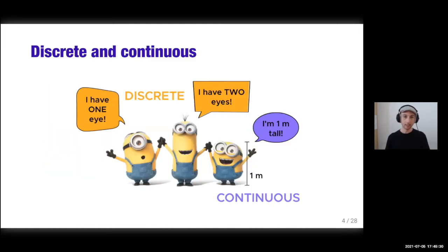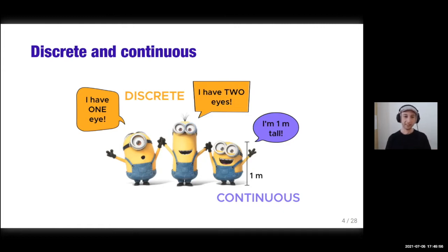Depending on the nature of the values that a particular probability can take, we say that there are two types of probability distributions: discrete probability distributions and continuous probability distributions. I guess most of you will be familiar with these two types, but just for the sake of completeness, I will briefly go through them.